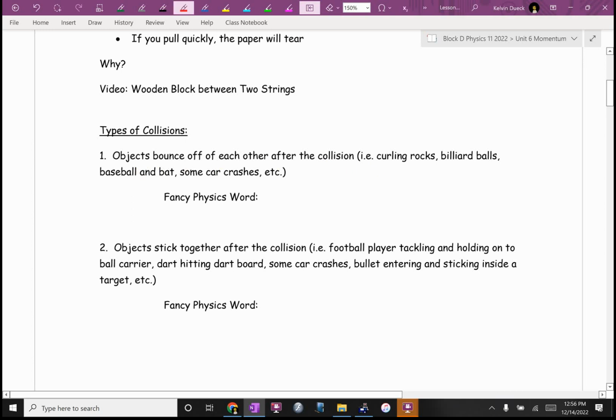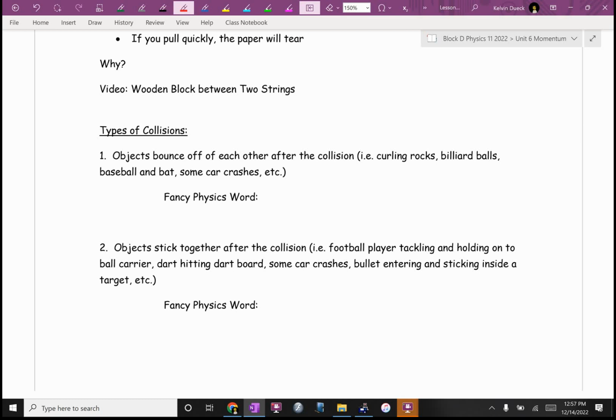Curling rocks are a good example, Ella. You won't see a curling rock stick to the curling rock that it hits. Playing pool, billiard balls are another good example. Baseball hitting a baseball bat. You never see the baseball stick to the bat. Some car crashes, not all. A football tackle where you're not wrapping the person up to grab them, but instead you're driving your shoulder through them to bring them down.